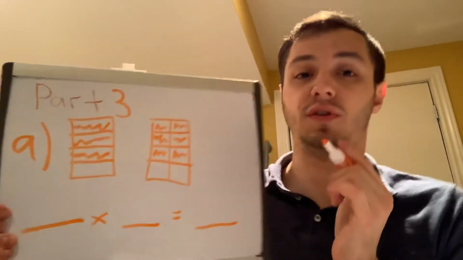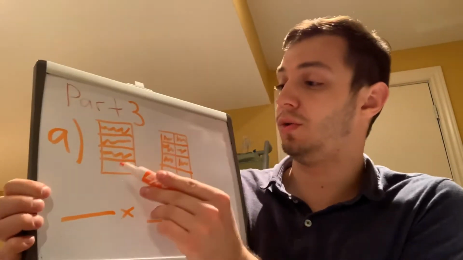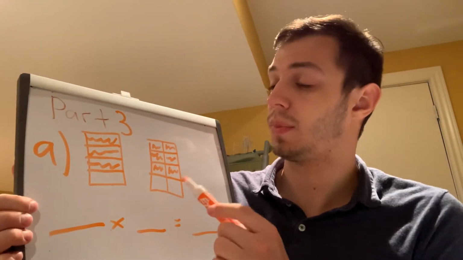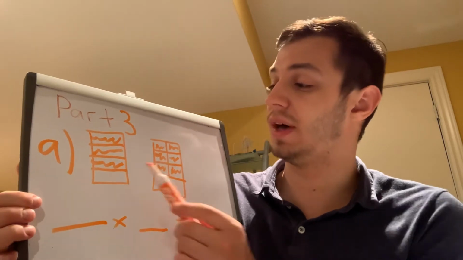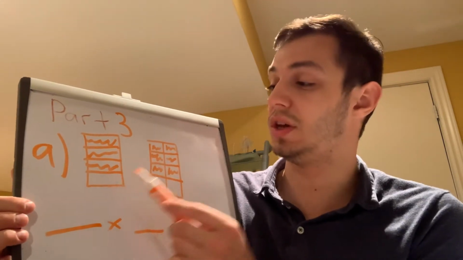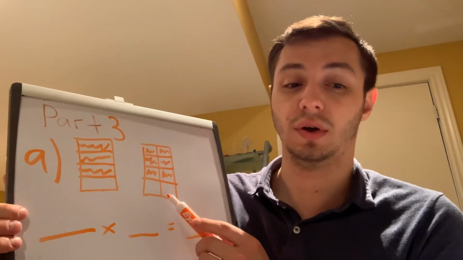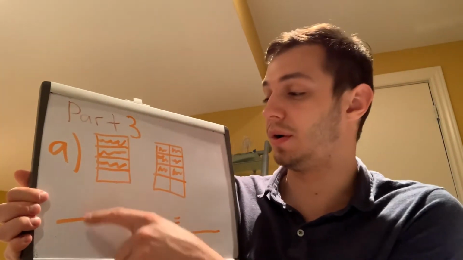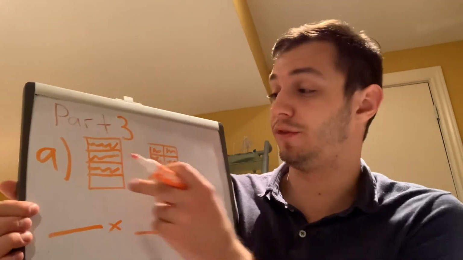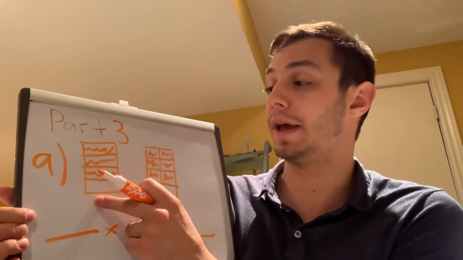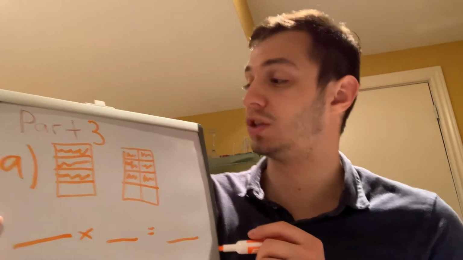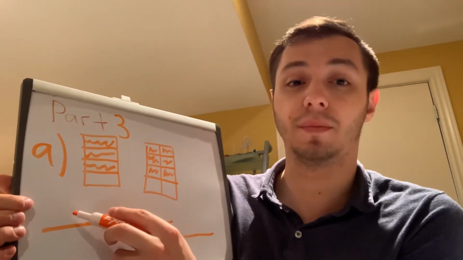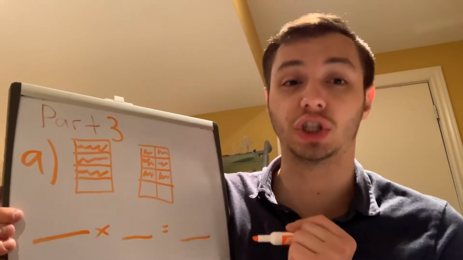So if you look at part 3, for part A, you are given these two images. What we're trying to show is that this image is equal to this image. In this very first blank right here, we're going to write the fraction for the first picture for part A. When we're writing our fraction, our top number is how many parts are shaded.